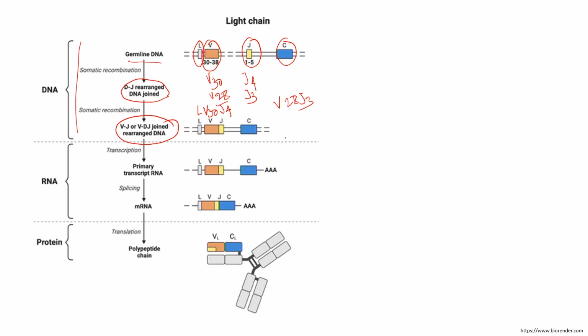Once these recombinations are happening, we will get the primary transcript after transcription. This is a primary transcript, and we can understand that these are all exons. This is also exon, this is also exon, while in between we have an unwanted region we call introns, and this will be spliced off during the process of splicing.